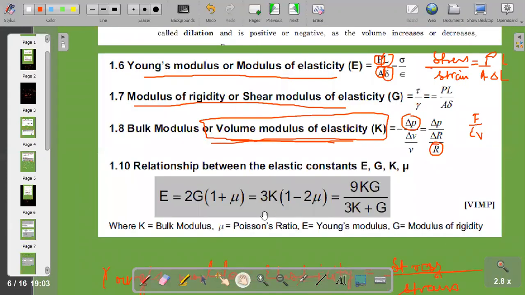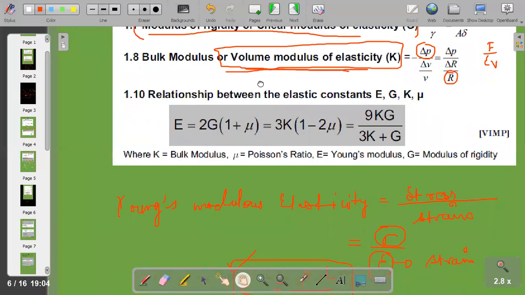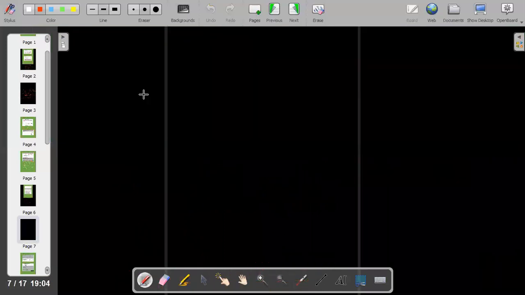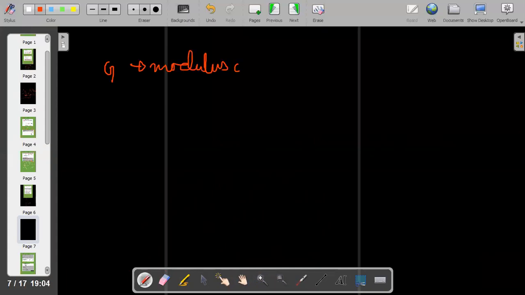Now another one is modulus of rigidity, meaning shear modulus of elasticity. It is shear stress upon shear strain, given by G. G is called the modulus of rigidity, or you can say shear modulus.